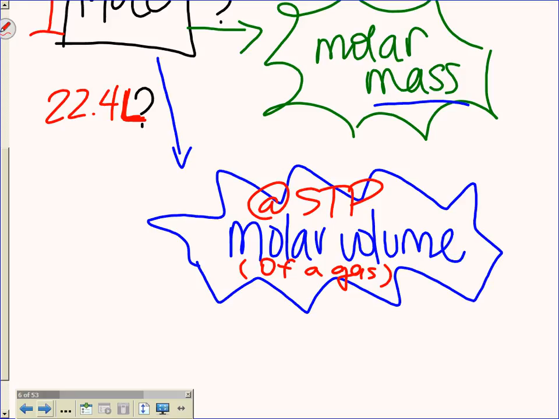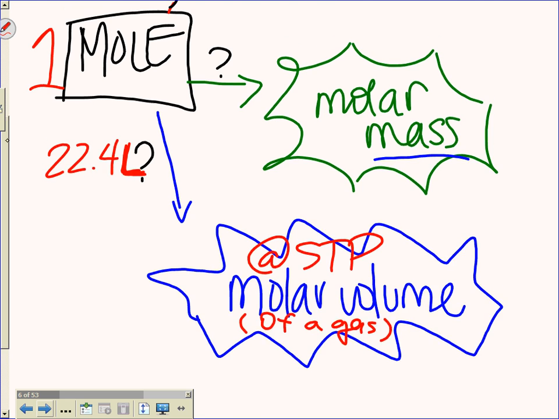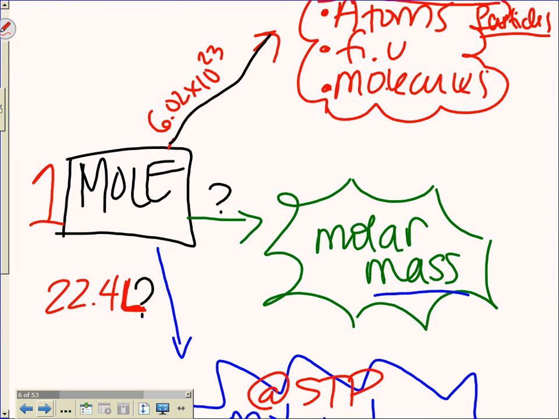And how many little particles are in that 1 mole of the gas? 6.02 times 10 to 23. Right, so you can actually relate that back to the particles, which is the top of this little bubble map here, okay? So those are the 2 main numbers you will see constantly. Those 2 right there.